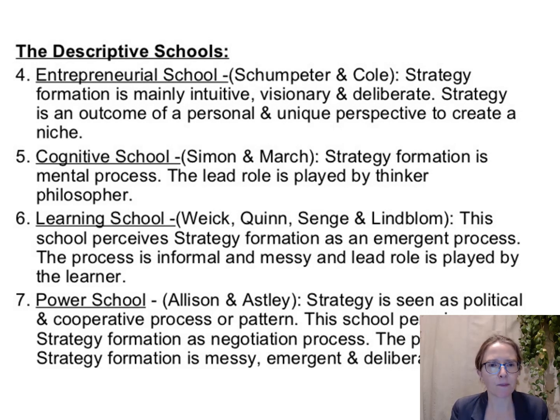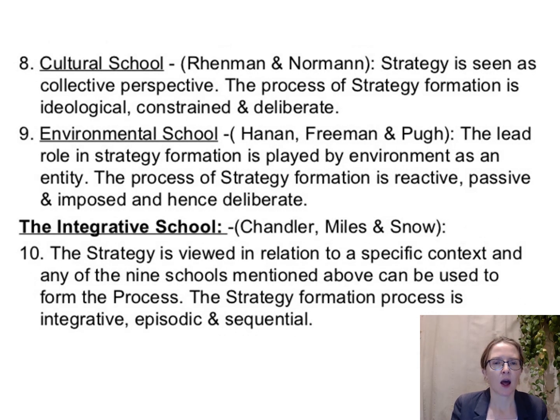And then we also have the power school under the descriptive schools by Allison and Astley. Here strategy is seen as a political and cooperative process or pattern. This school perceives strategy formation as a negotiation process. The process of strategy formation is messy, emergent and deliberate. So those are the four key descriptive schools. And two more of the descriptive schools to add to this list are the cultural school, which is seen as a collective perspective, and strategy formation is ideological, constrained and deliberate.